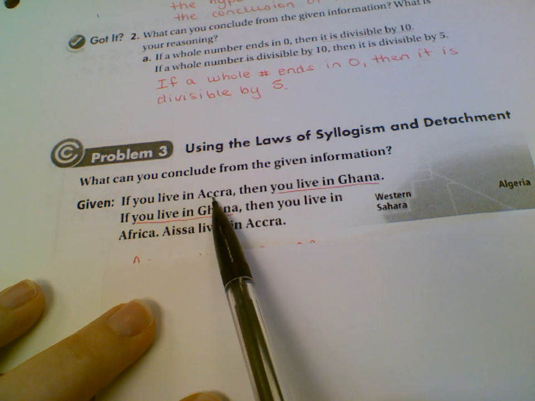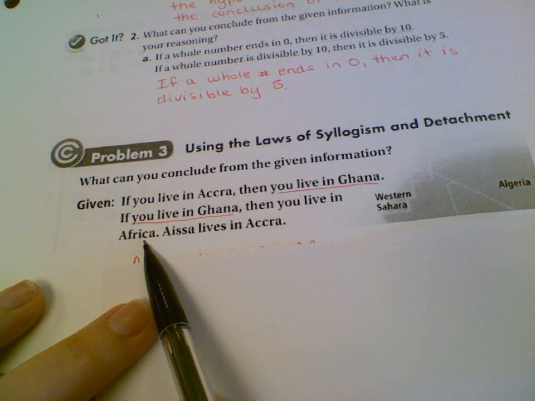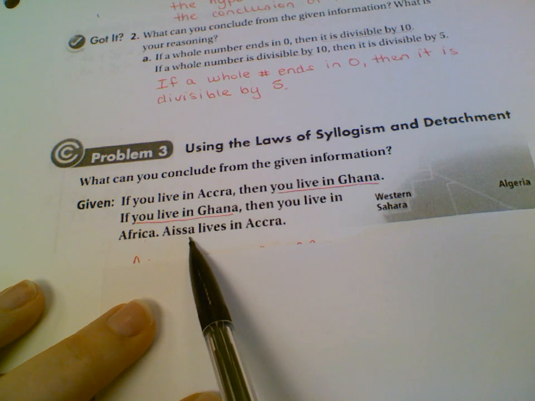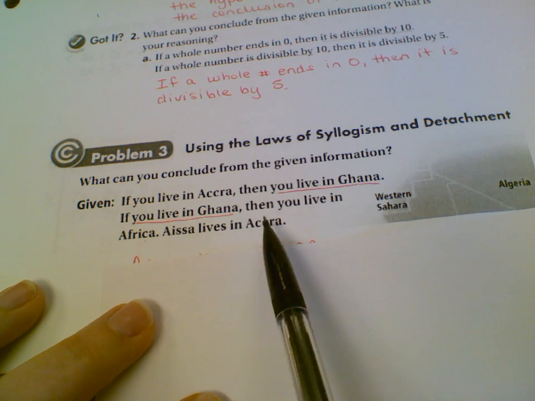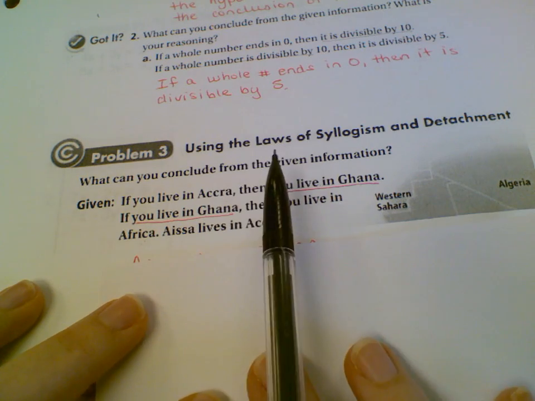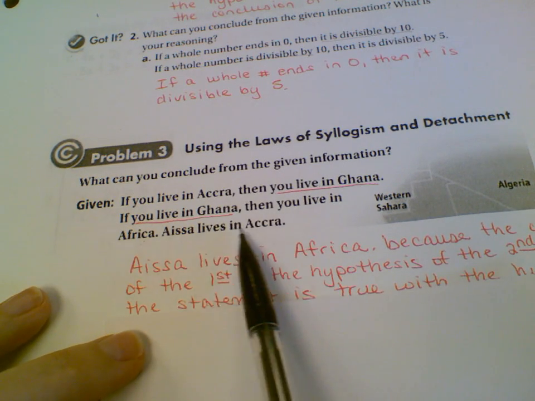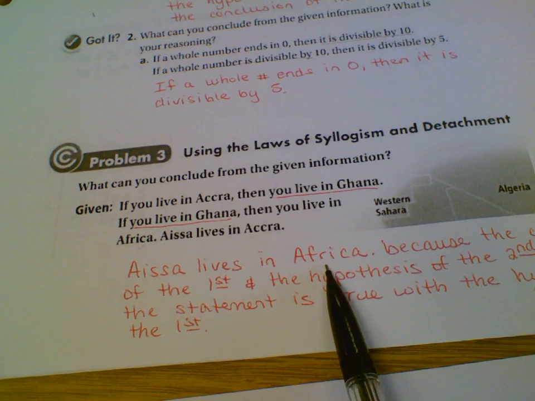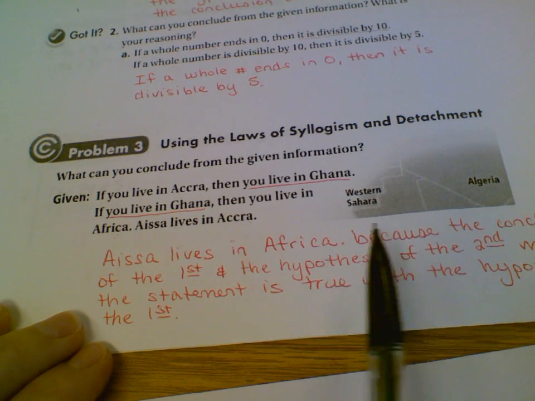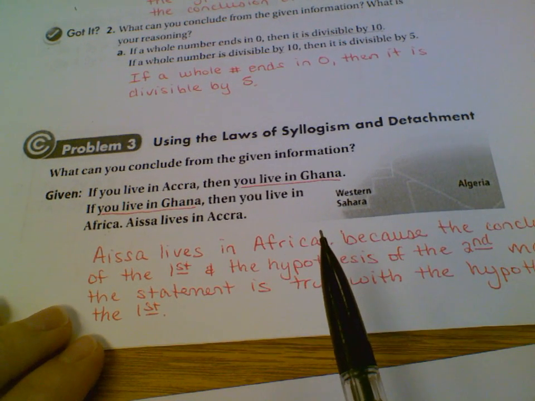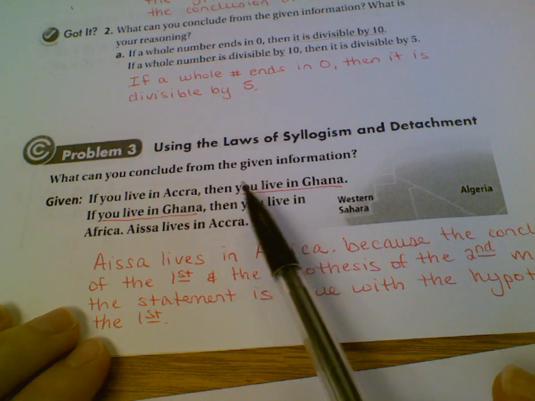I know that if I live in Accra, then I also live in Africa. Well, law of detachment says if this matches my hypothesis, then I can conclude the last piece. So I know that Asa lives in Africa. So you can sometimes do both of the pieces together. You just have to make sure that it still matches up the same.